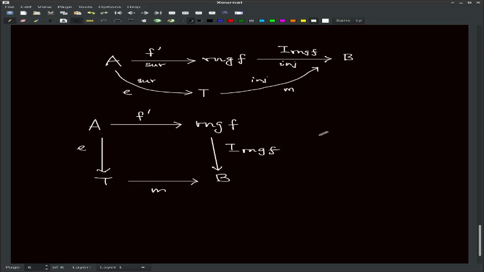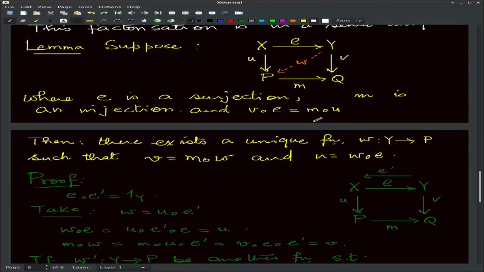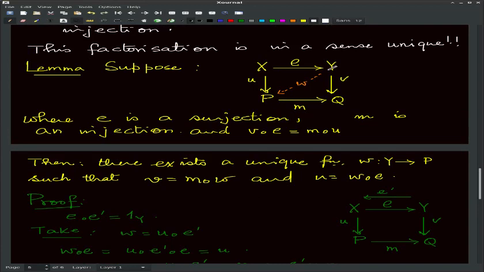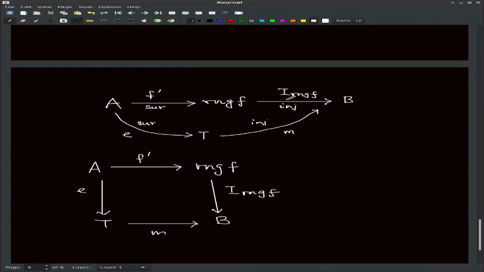Remember the whole picture: the top was surjective, the bottom was injective, and you had this square to commute. Then from the top right to the bottom left you have this diagonal filling. So here, this is your F, so is this. So this diagram commutes.